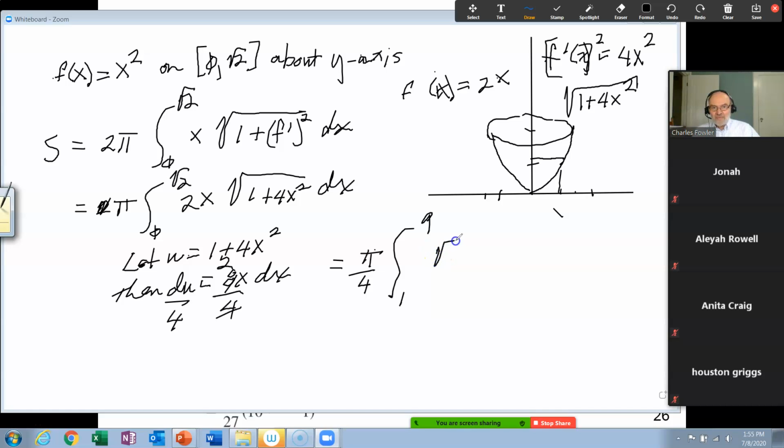So this is the square root of u du, because the over 4 goes out here, and the du is this thing right here. Sorry, 2x dx. That's your du, and then you have the square root of u is this part. Okay, so this is u to the 1/2. I don't like writing it as square root of u, so I'm going to erase that ugly square root.